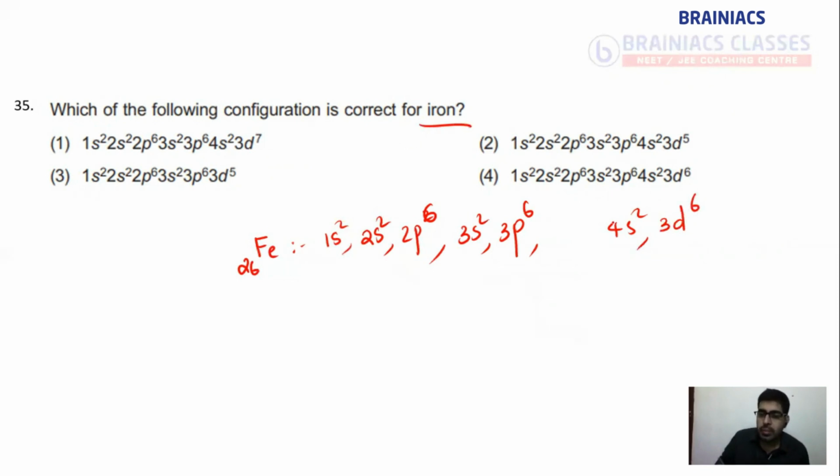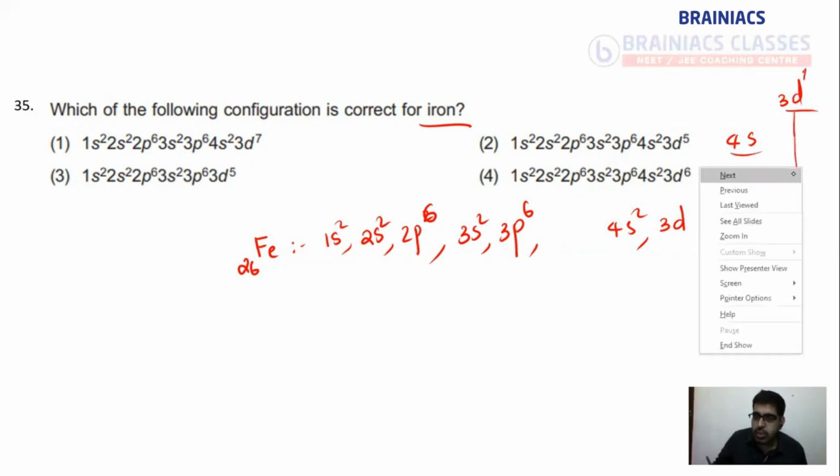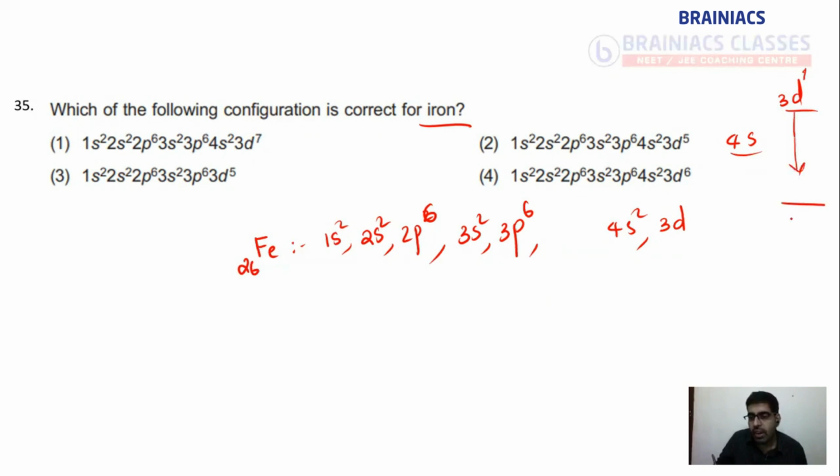Now usually before filling electrons, 4s is having energy lesser than 3d. But if one electron is added to 3d, its energy gets reduced, and now 3d is having energy lower than 4s. So after 4s you have to fill 3d, but after filling 3d, the energy of 3d gets reduced.